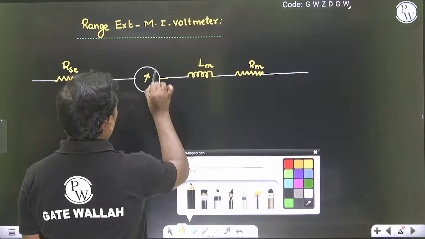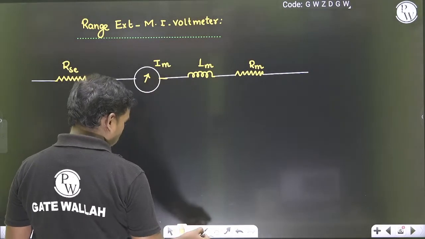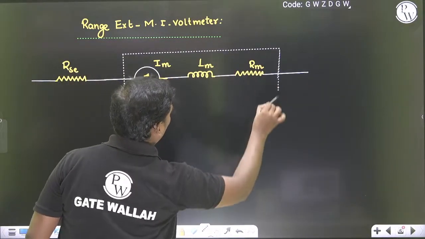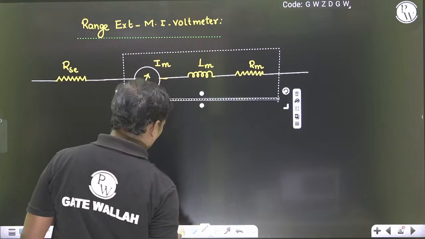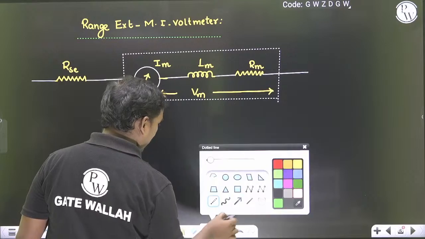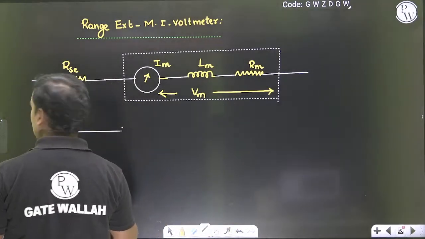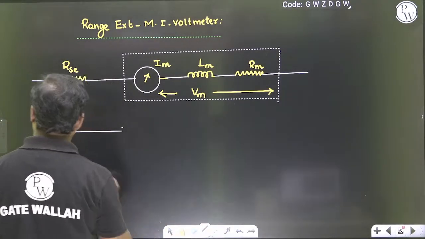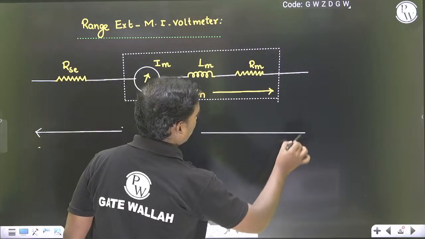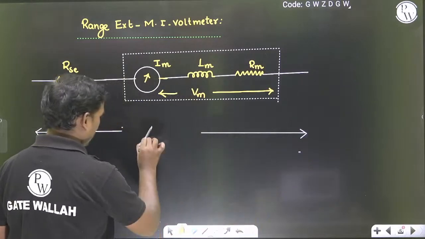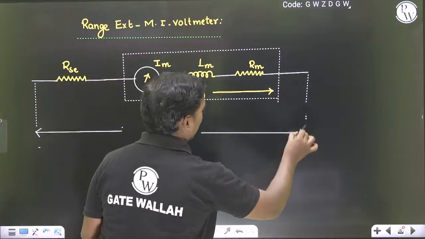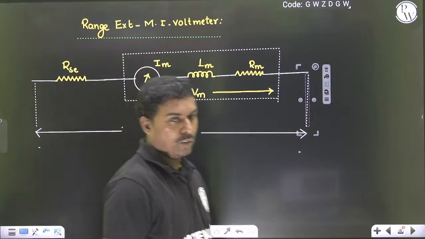Okay, so this is our Im. This is our Vm, and this is our V. Got it?